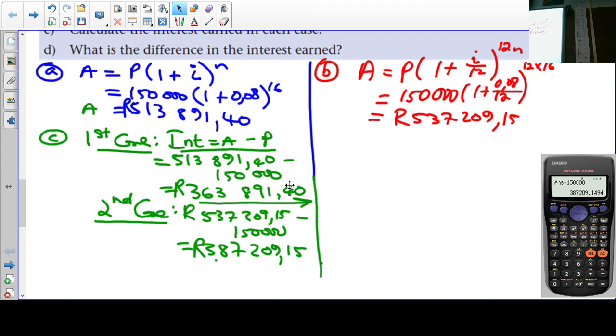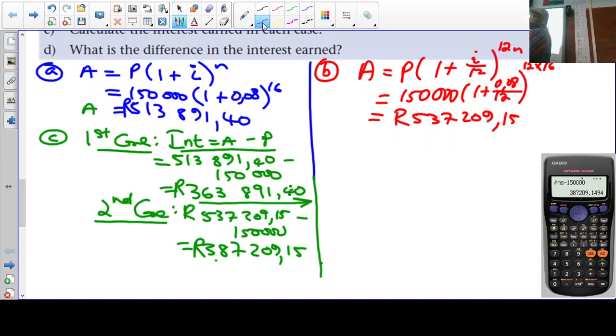Any confusion? No. The last question says, what is the difference in interest earned? Okay, so the difference is the difference between these two values. Not so? So what's the difference?